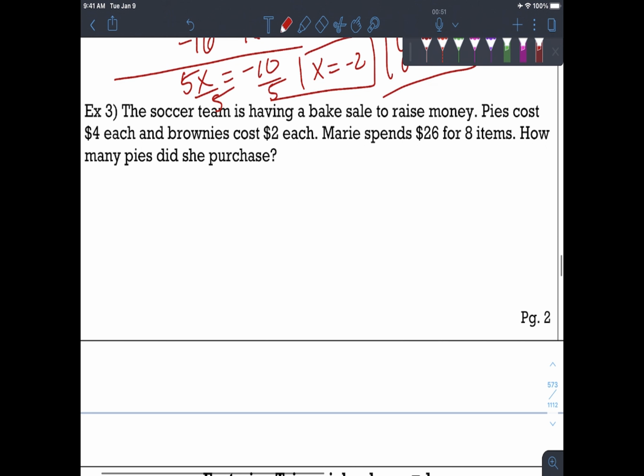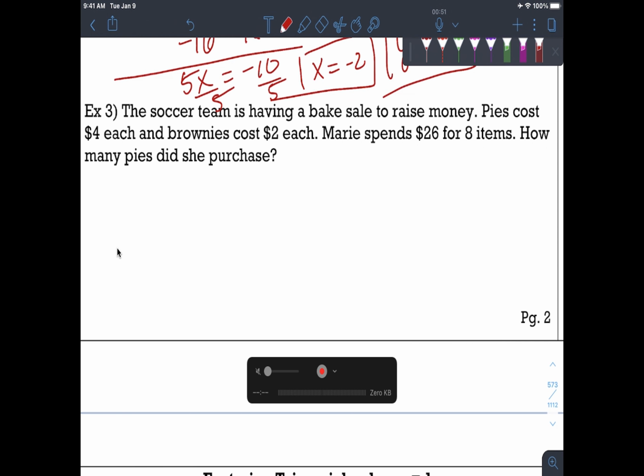Now, whenever it comes to these kinds of problems, remember we usually are going to have one that looks like x plus y equals the total number of items, and then price times x plus price times y equals total cost, okay? So I'll write that out.